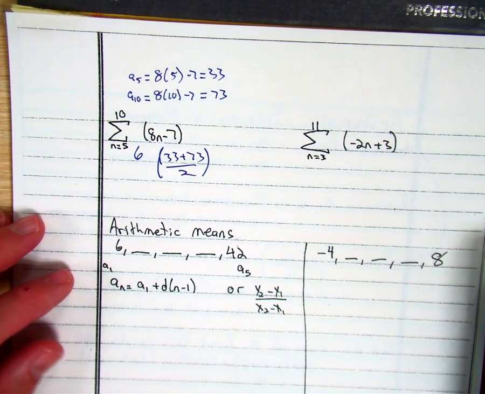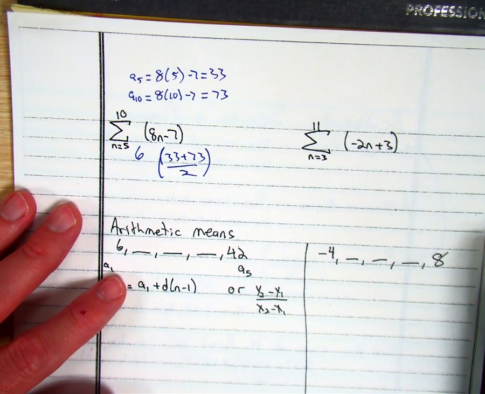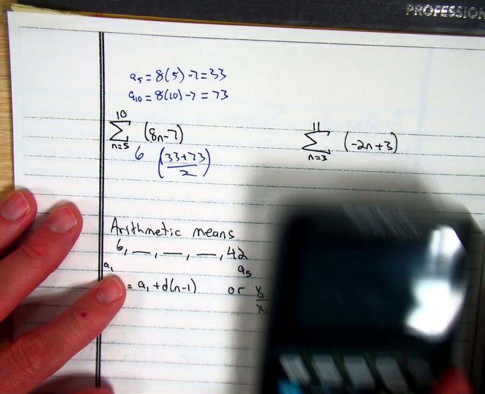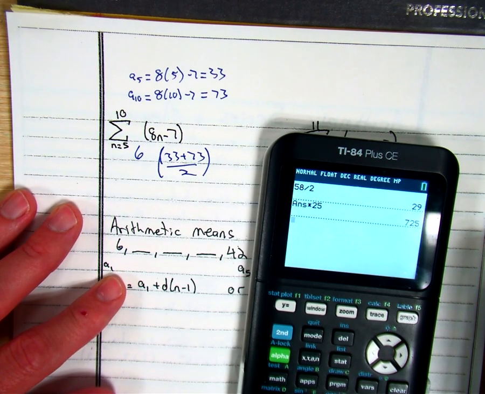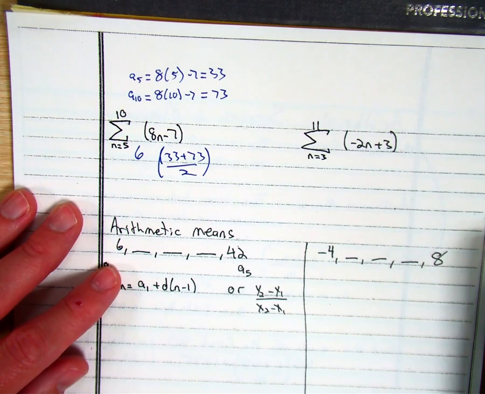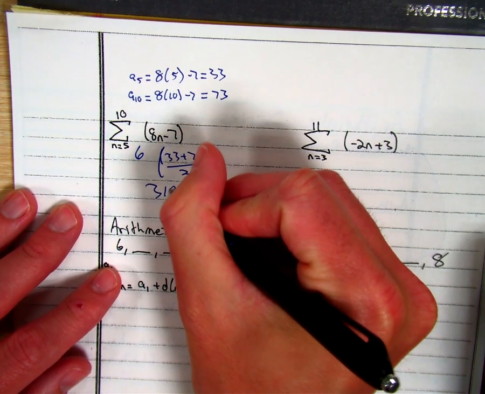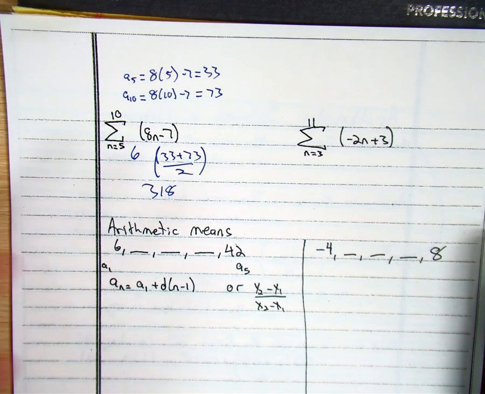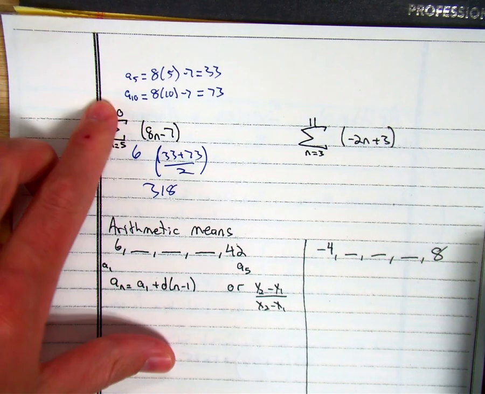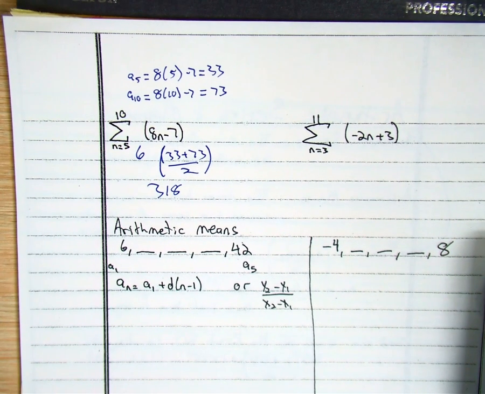Count it out again. Use your fingers and toes. 33 plus 73 should be 106. Divide that by 2, and then times it by 6. We got 318. So if it doesn't start with 1, be careful. You might need to use your fingers and toes to figure out your number of terms.